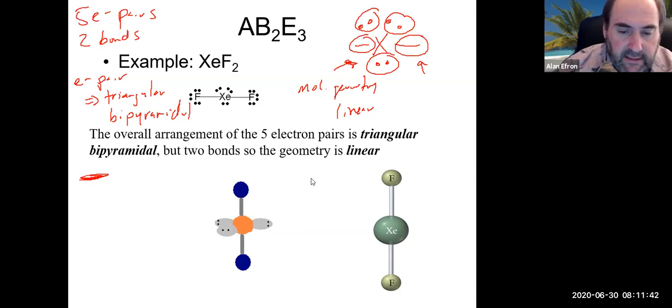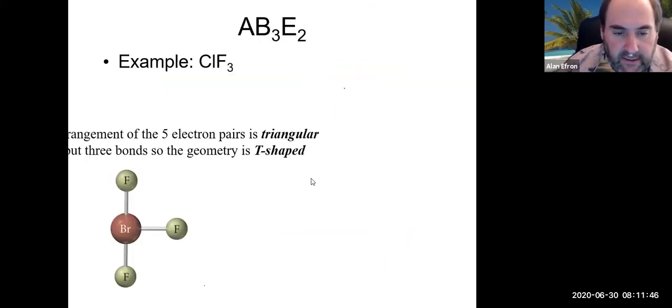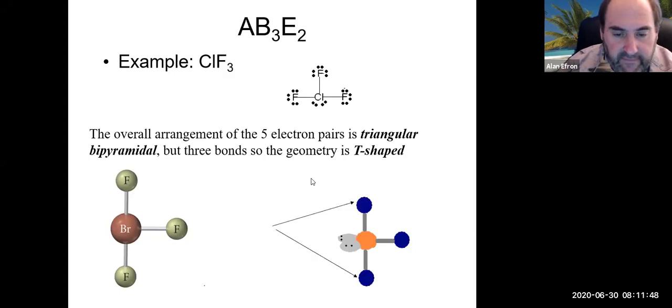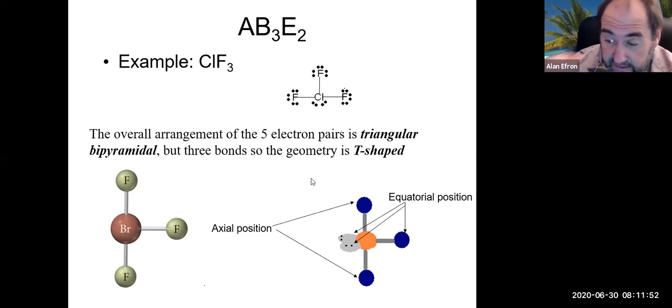All right, so let's take a look at the next one here. If we draw it, we have a central atom, and again, we want to look at our central atom right here. If I draw just the central atom, it looks something like this.